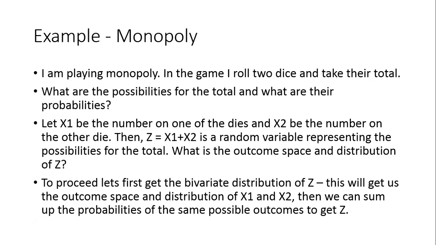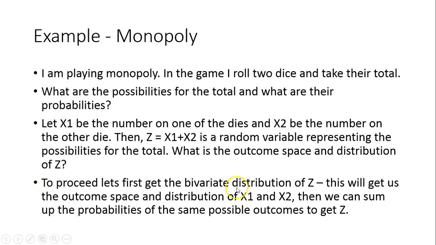I'm curious to know what the probabilities of the numbers 2 through 12 are. This will give me the distribution of the total, which is z. You've played Monopoly, and you know that getting a 2 is rare and getting a 12 is rare. But getting numbers close to the middle, like 6, 7, 8, is most common. If you didn't know this, I'm telling you it's the case.